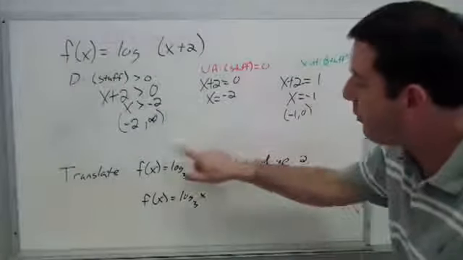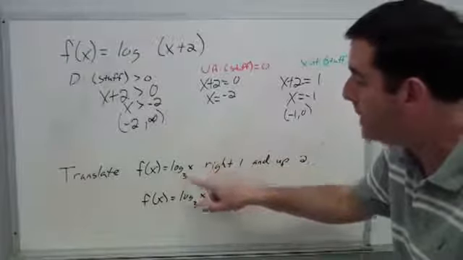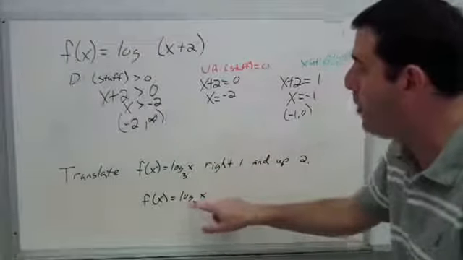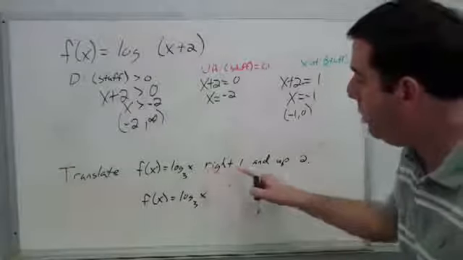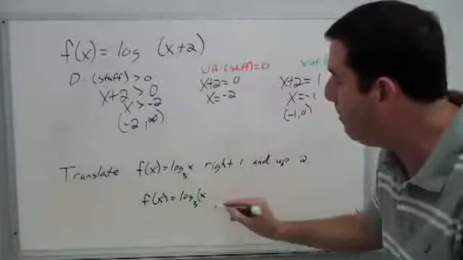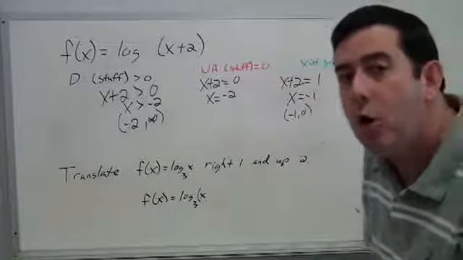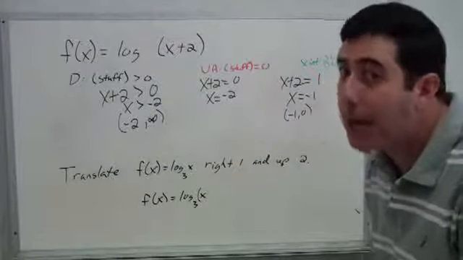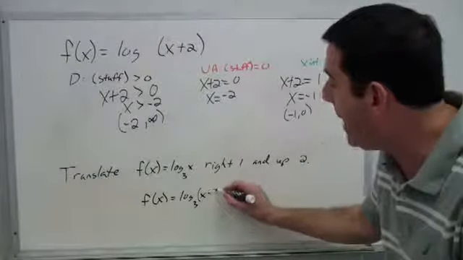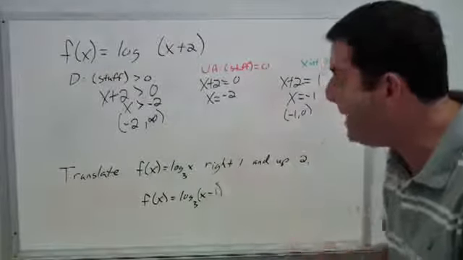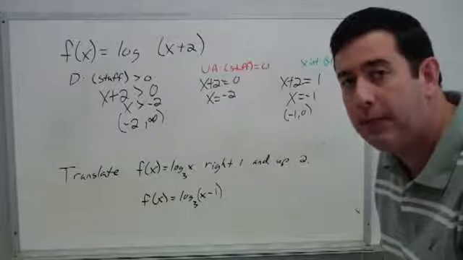If it's a base 3 log of x that we're trying to translate, then I need to start with a base 3 log of x in my equation. Now to make it move to the right, you're going to need some parentheses. Remember, moving to the right is opposite of what you might think. So to move to the right by 1, I'll need a -1 in the parentheses.